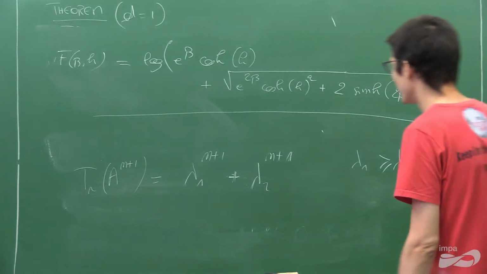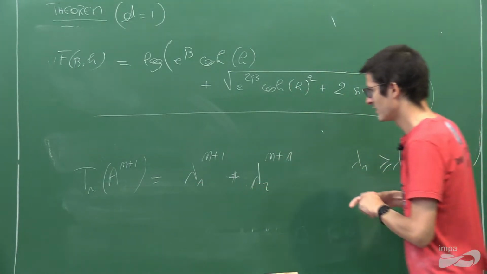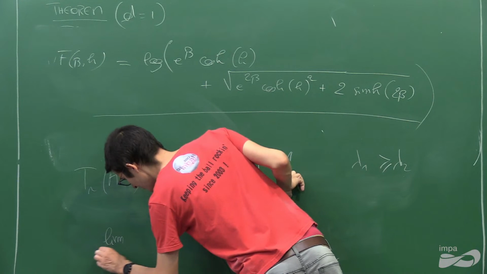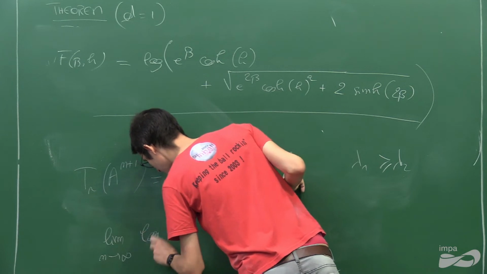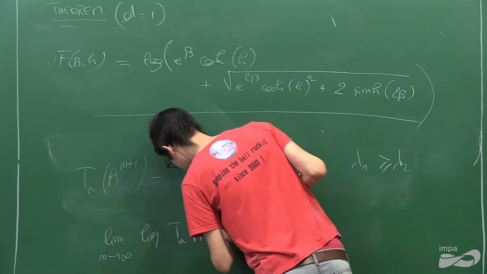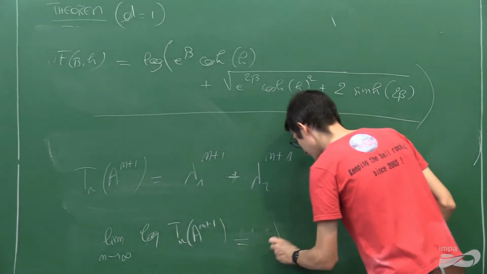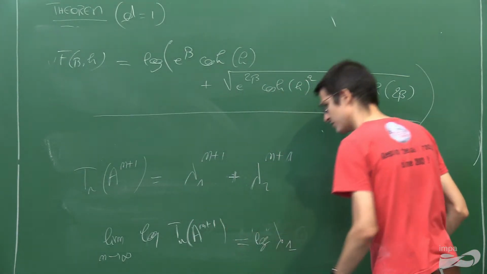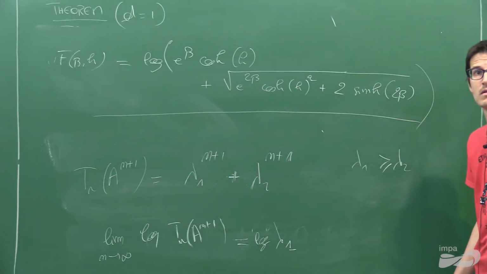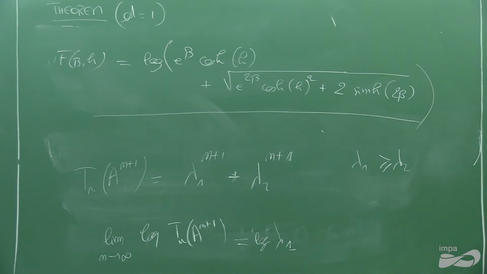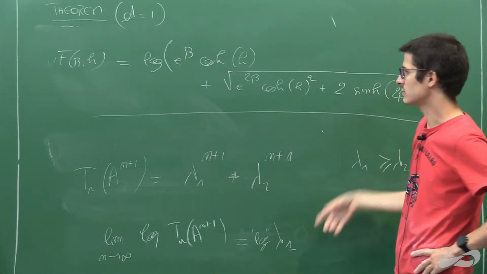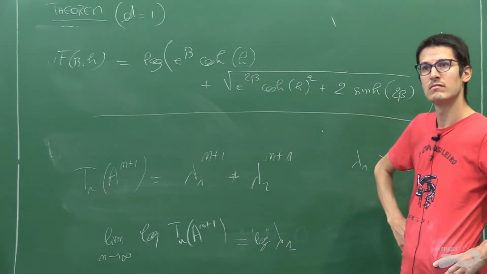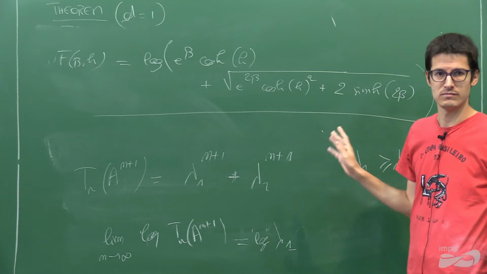So what I have is that the limit when n goes to infinity of the log of the trace of A to the n plus 1 is simply the log of the largest eigenvalue of the matrix. So basically we just have to show that this thing here is the largest eigenvalue of A. And we will have done our job.